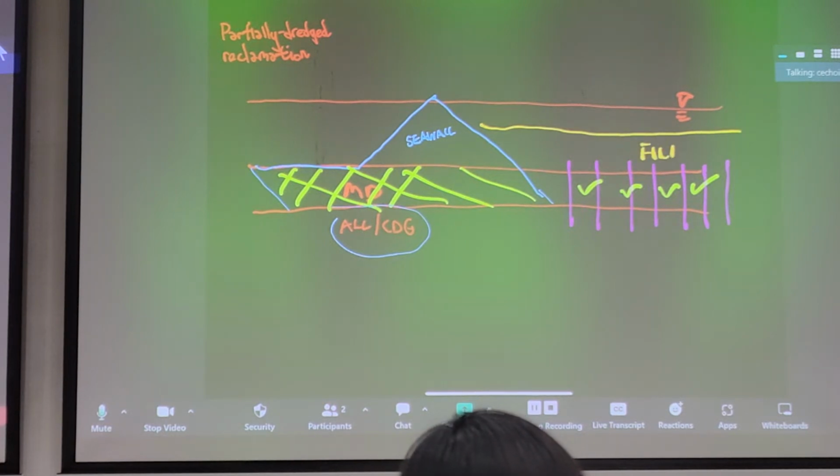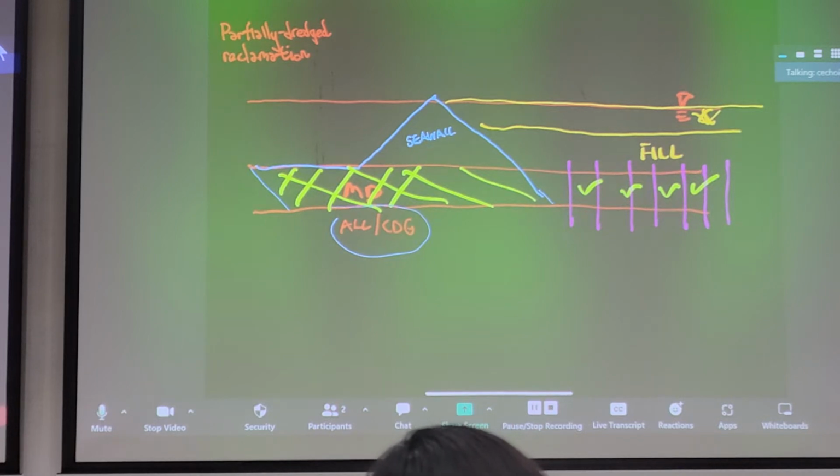This is our fill surcharge. We can try to consolidate our MD layer inside first, and then when you lose volume due to compression, then you put more fill on top to the final formation level. So this would be a partially dredged reclamation.